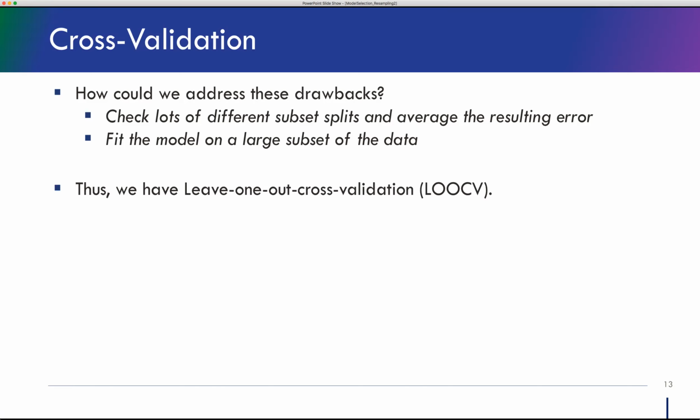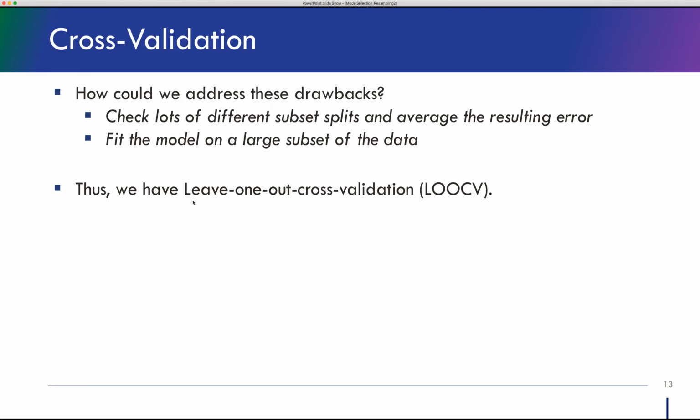To address them, we would check lots of different subset splits and average the resulting error, which is what cross-validation is doing. And we can also fit the model on a large subset of the data to overcome the second drawback we just mentioned.